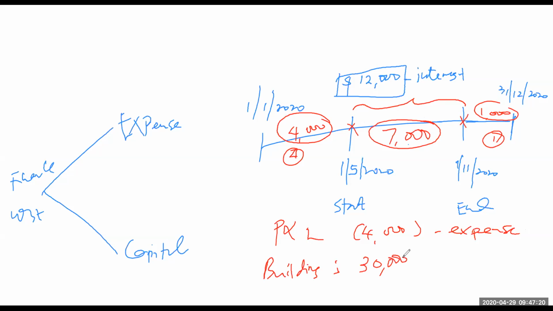On top of that, we ought to add the capitalized interest. This is meant to be 5,000, so the 5,000 needs to be in the P&L. 4,000 here, and the others for this particular part.